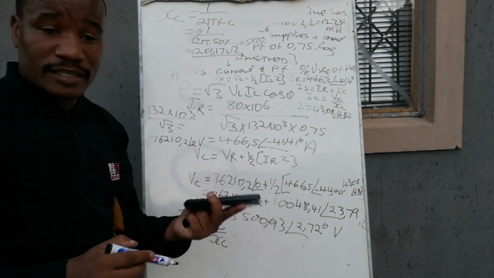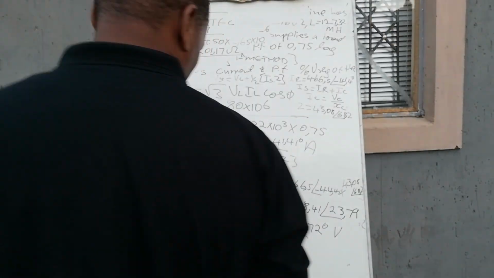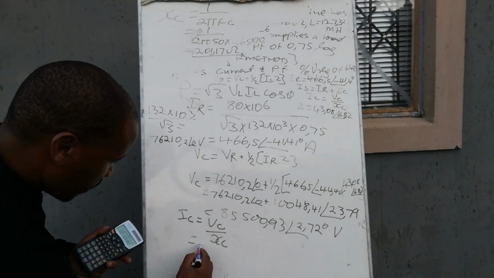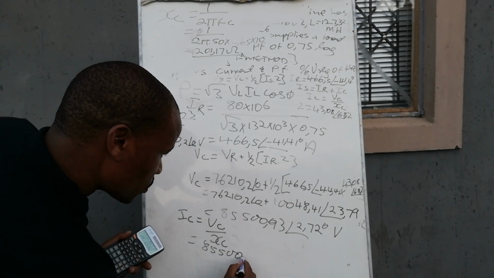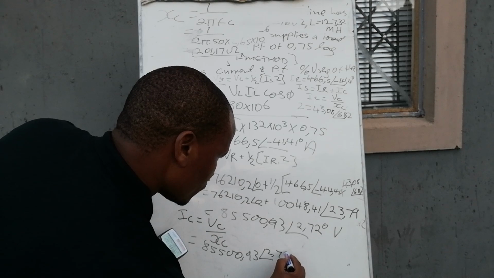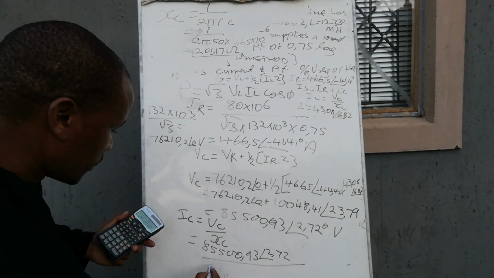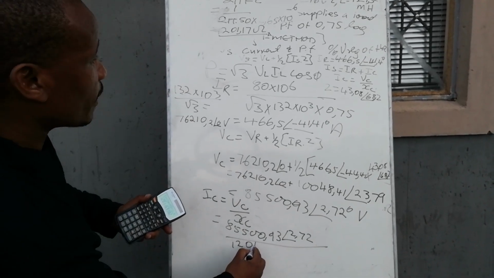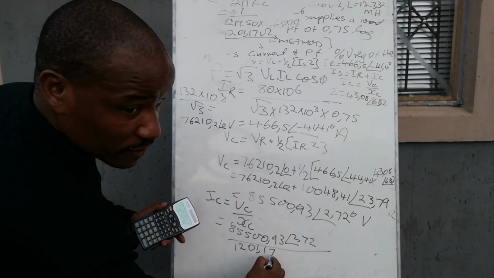The capacitive reactance is calculated in ohms. Now, 85,500.93 angle of 2.72, all over the capacitive reactance, which is 1201.17.